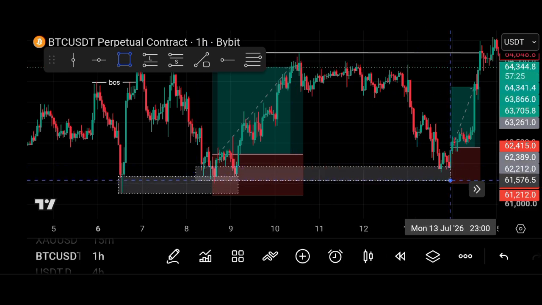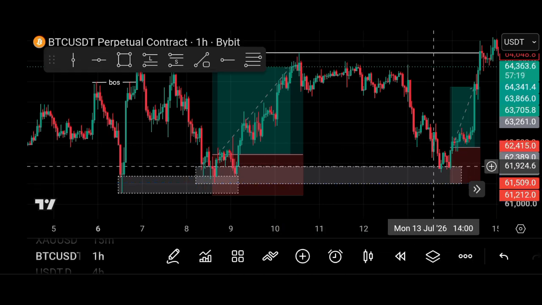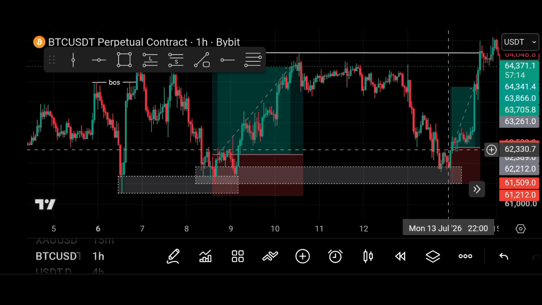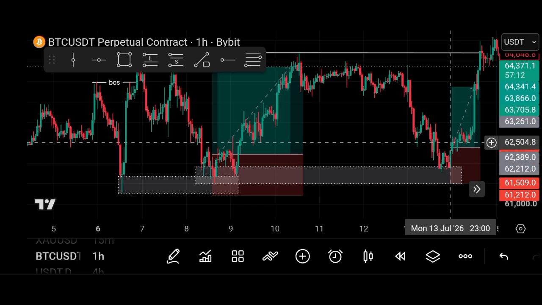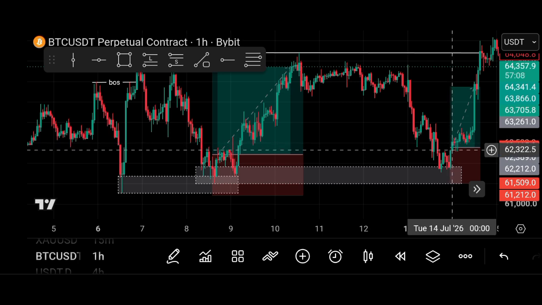This is supposed to be how it was. So we're waiting for price to come into this zone, wait for candle closure above, which I believe was this. So I entered within here and here.